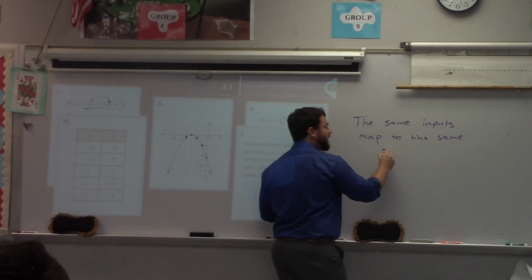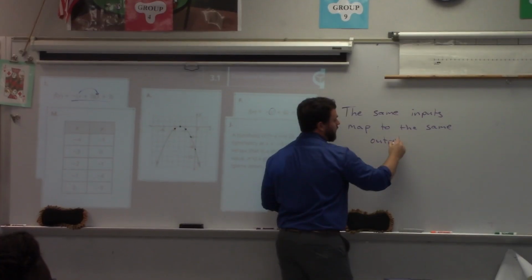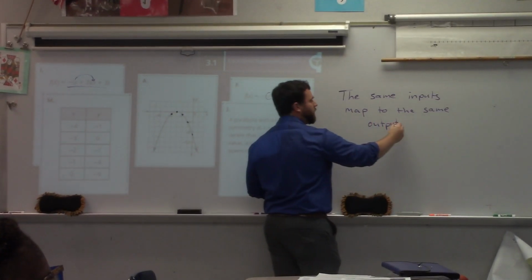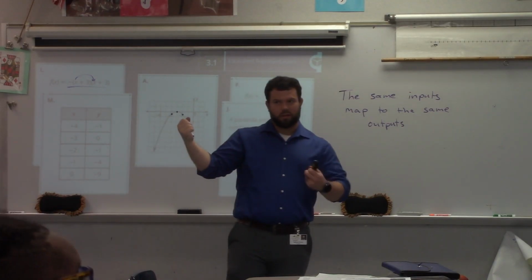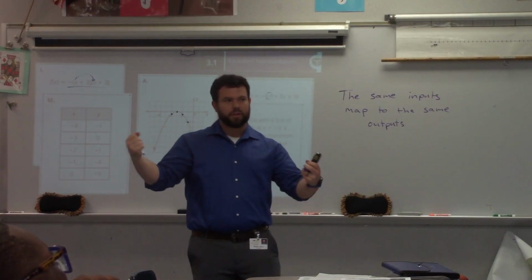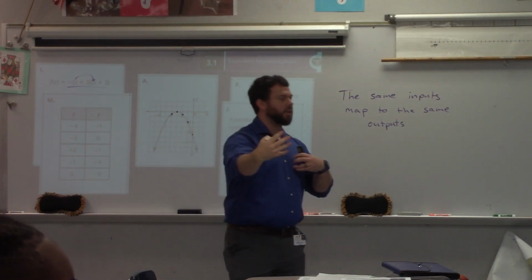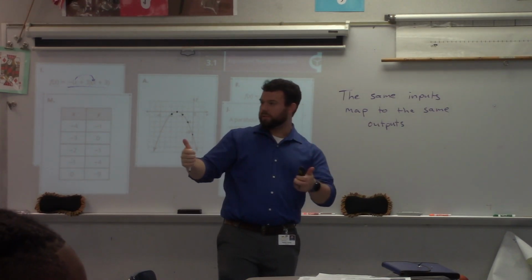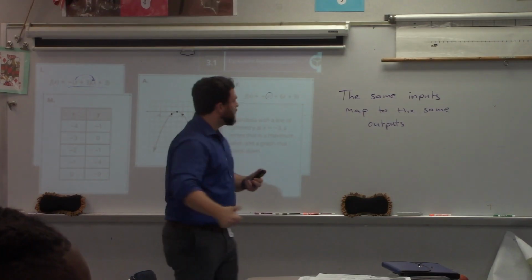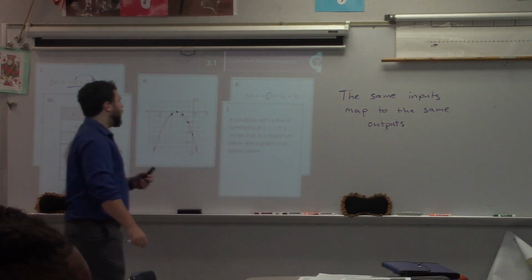Because if they have the same inputs and outputs, but it's not the same inputs mapping to the same outputs, they're not equivalent. But I want them to look different, but tell the same story. Same inputs mapping to the same outputs. We good with that idea? Questions, comments, concerns? Okay.